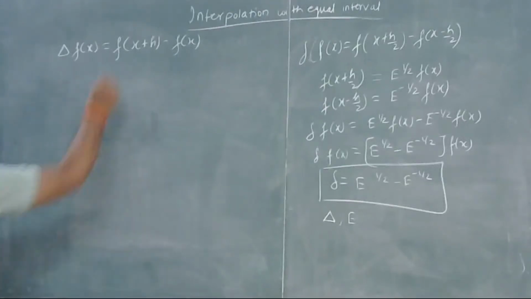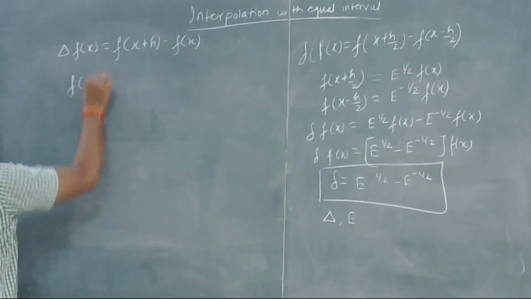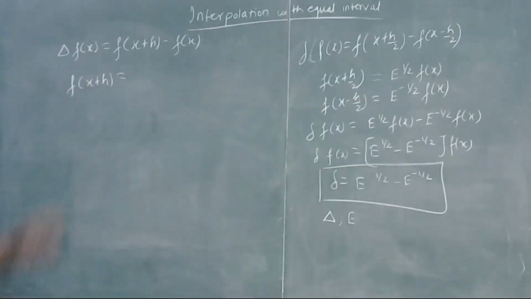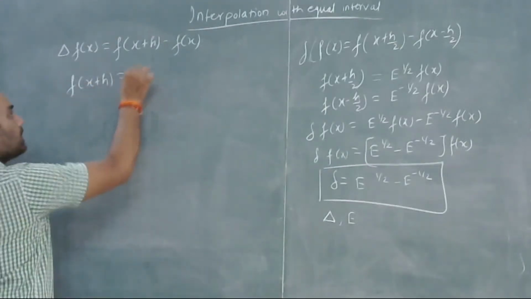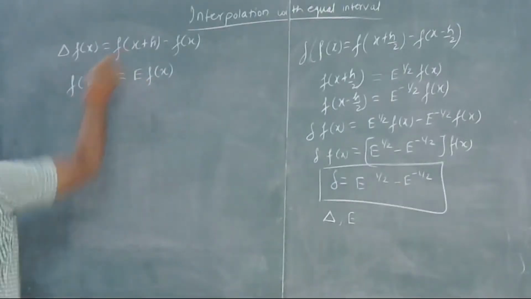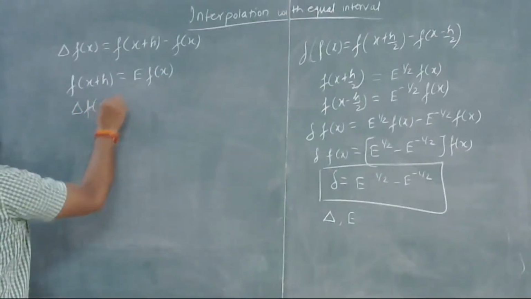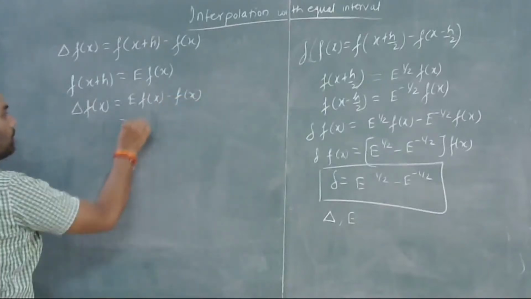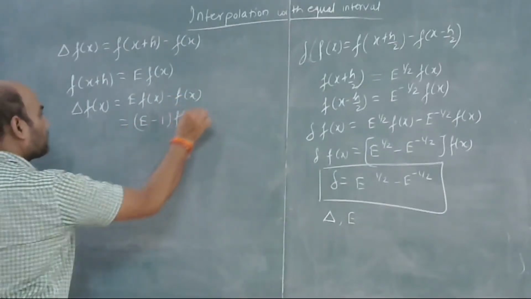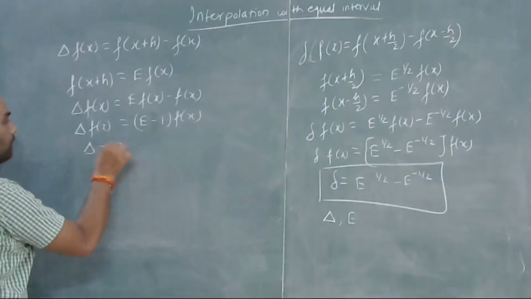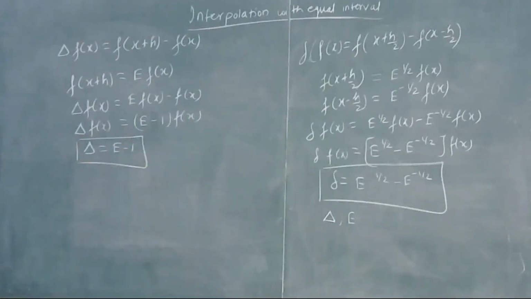Also we know that f of x plus h is the incremented value of f of x when h is added to x, so it is nothing but E f of x. So substitute here. So delta f of x is equal to E f of x minus f of x, so this will be equal to E minus 1 times f of x. So f of x will be cancelled out, and delta is equal to E minus 1. So this is the relationship between E and delta.